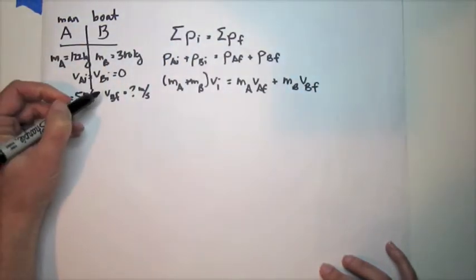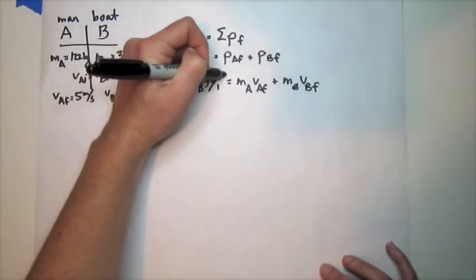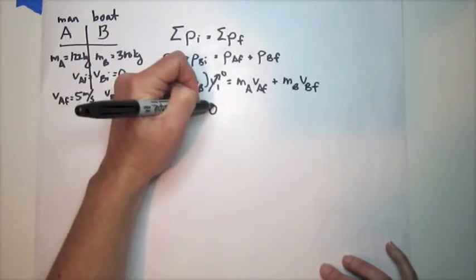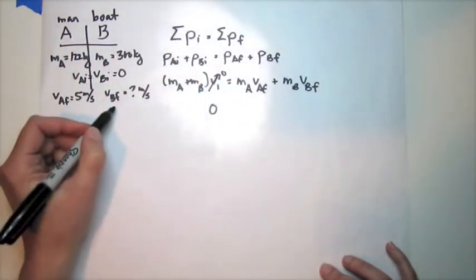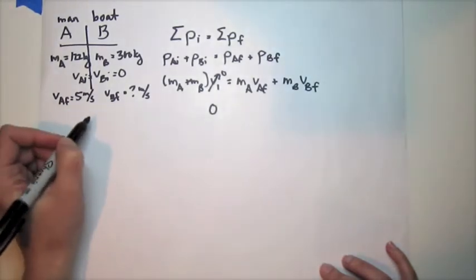Since we know that the initial velocity is 0, this whole term is going to go to 0. We have a sum here, so obviously the final velocity is going to be negative because they're going to go opposite ways.